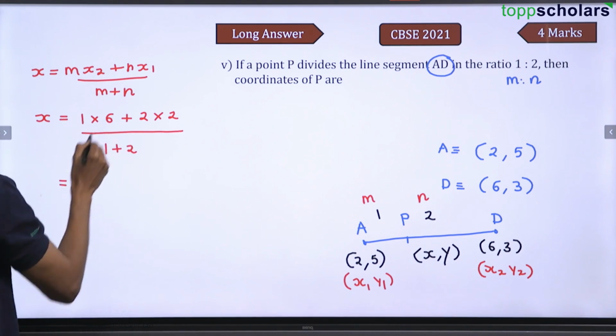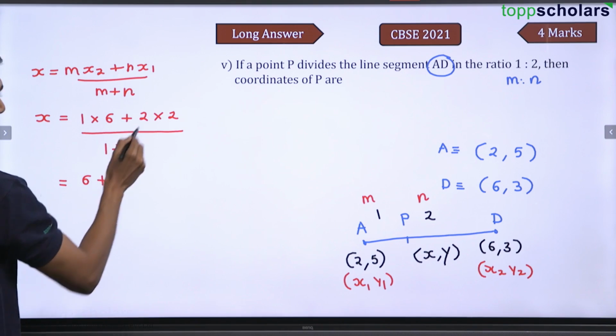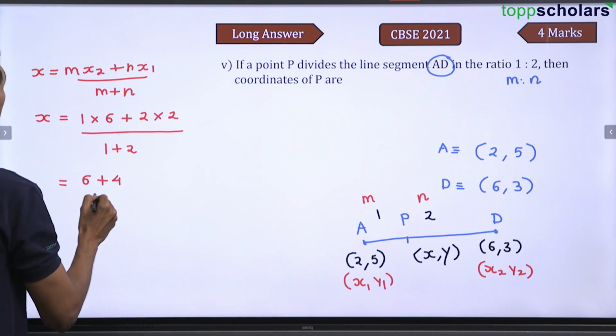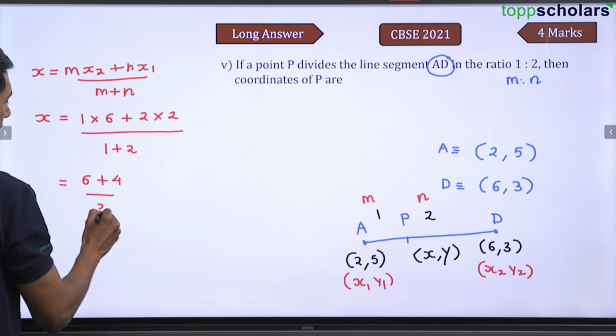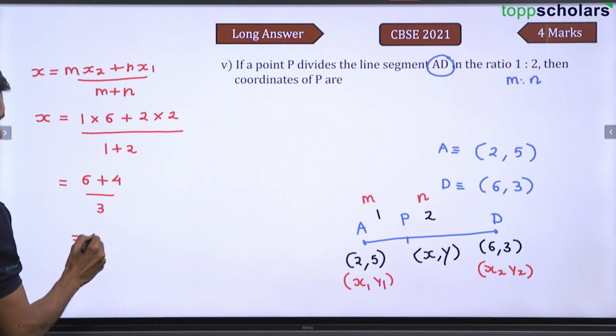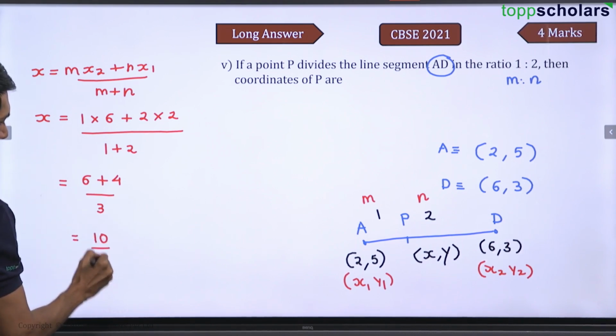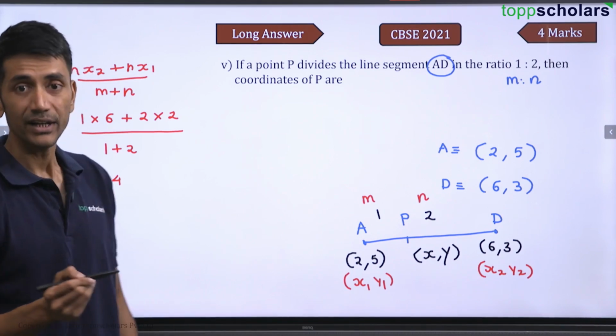So that is equal to 6 ones are 6 plus 2 twos are 4 by 2 plus 1 is 3, and that gives you 10 by 3.